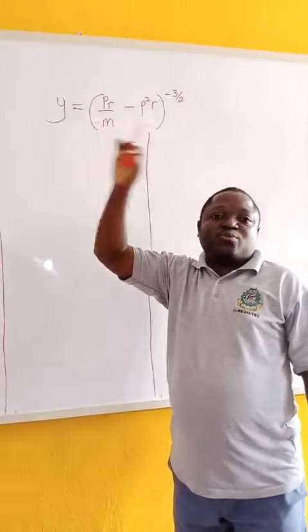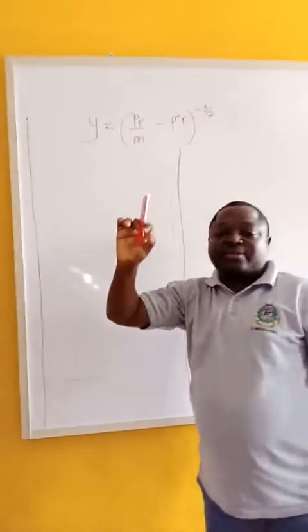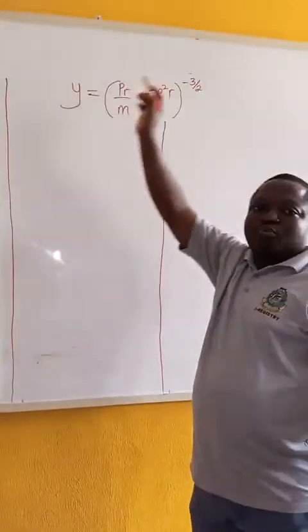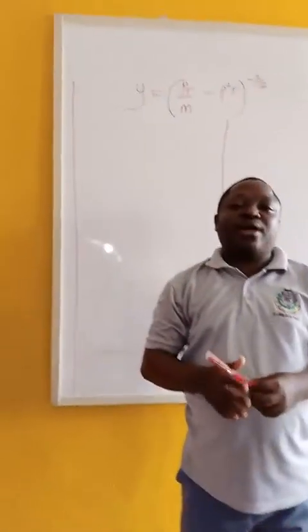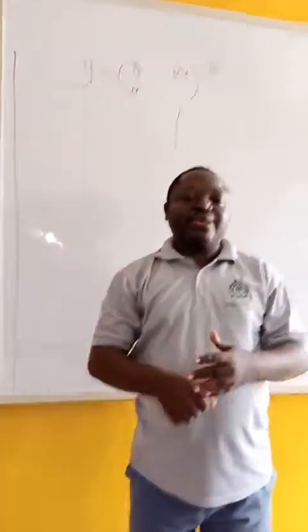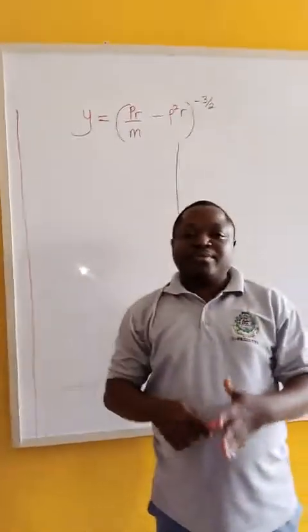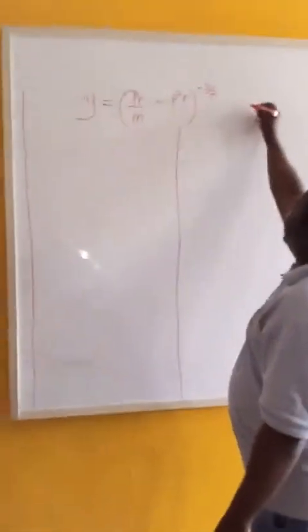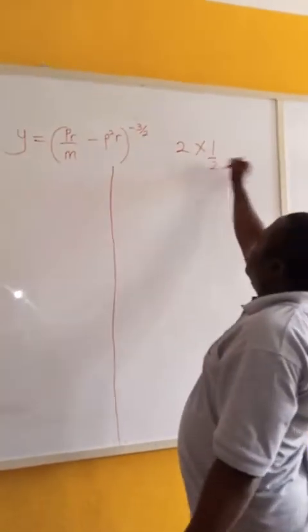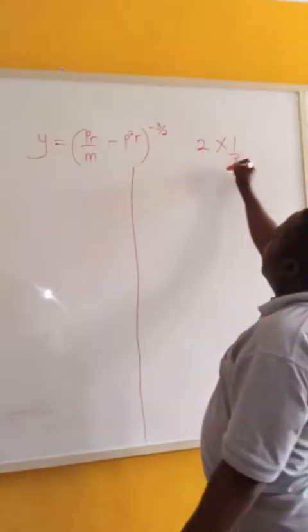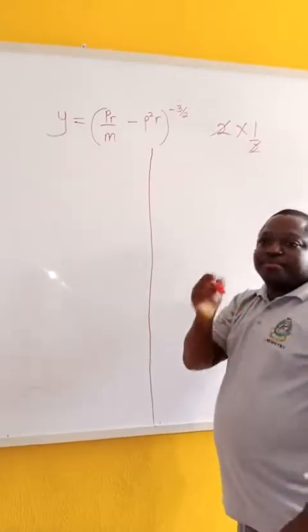If the power is 2, then all we need to do is to find the reciprocal of 2 and multiply it by 2. For instance, assuming the power here is 2, the reciprocal of 2 is 1 over 2. And if you multiply 2 by 1 over 2, you get 1.